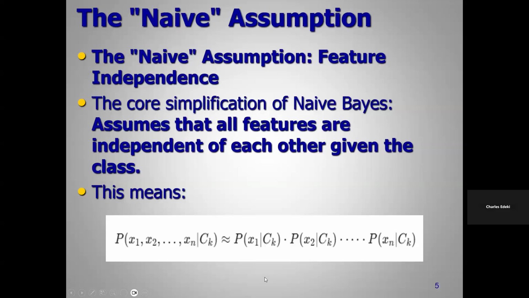To simplify this, naive Bayes makes a strong, often unrealistic assumption: that each feature, let's say xi, which is S1, S2, and so on, is conditionally independent of every other feature, given the class C_k. In plain terms, as in the previous example, if you know the class of an instance, spam or not spam, then the value of one feature, for example the word free, does not influence the value of another feature, such as money or GPA.